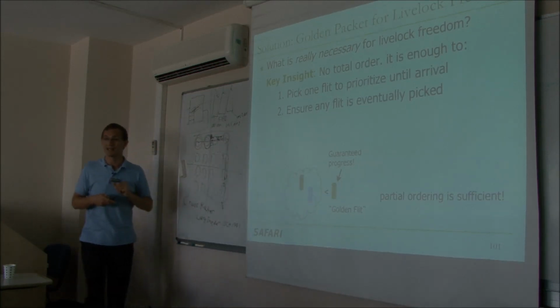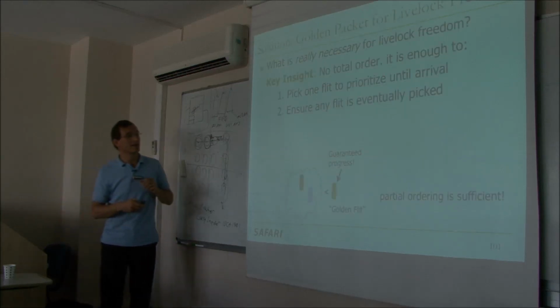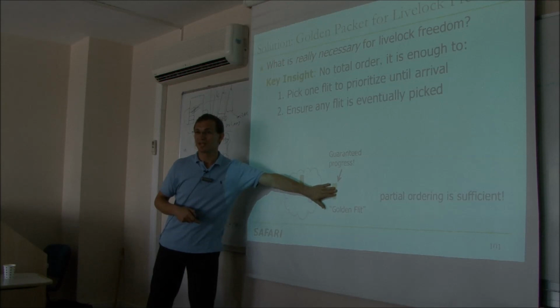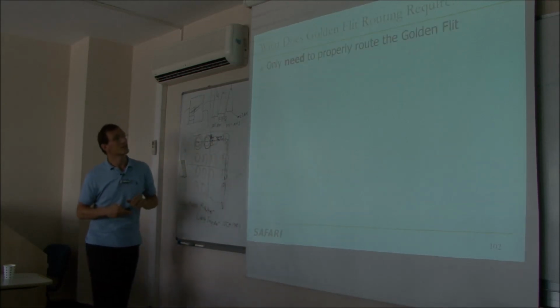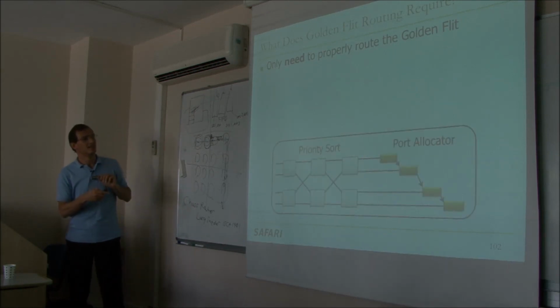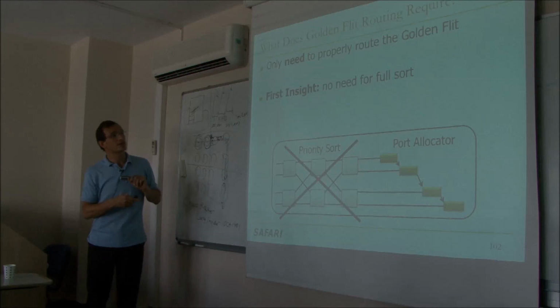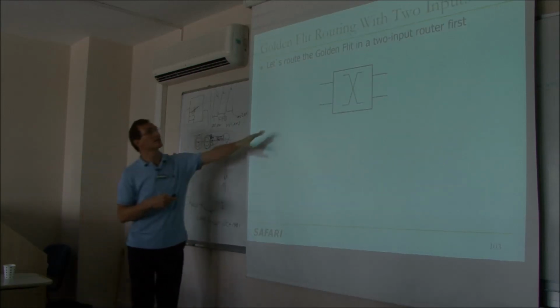So what does golden flit routing require in this case? You need to ensure that all the routers recognize this golden flit. Basically, you only need to properly route the golden flit. Let's assume that we've selected it. Now you get rid of the priority sort, and you get rid of sequential allocation also. So how do you actually route the golden flit in a 2-input router?